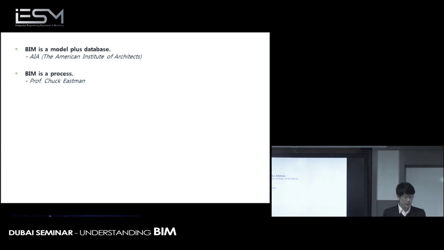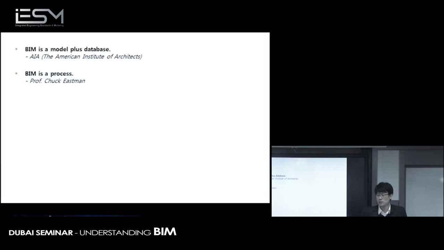Another definition is that BIM is a process, mentioned by Professor Chuck Eastman at Georgia Tech. He put an emphasis on the time axis. Model plus database, but across its life cycle. Life cycle refers to a time axis from the beginning of the project, design, construction planning, and actual construction and maintenance until demolition.